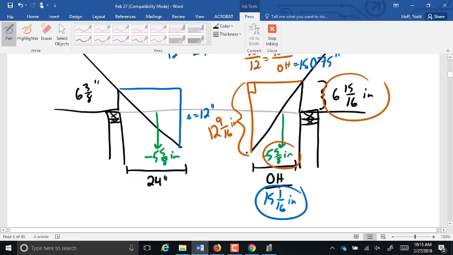As long as, if you have two different slopes on a house, it doesn't look horrible if all of the surfaces that have a certain slope have one overhang and all the surfaces that have the second slope have a different overhang, as long as you match it up that way. Otherwise, it does look weird if you have different overhangs all over the place.